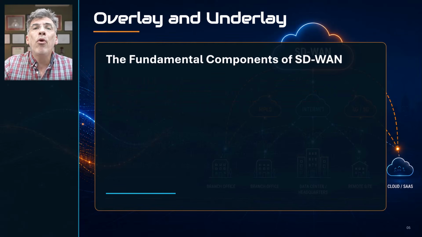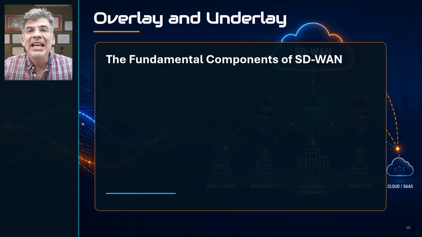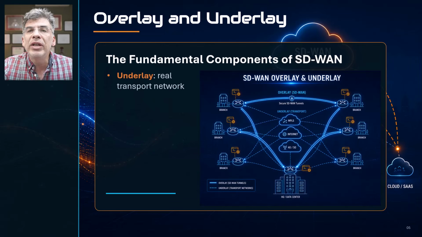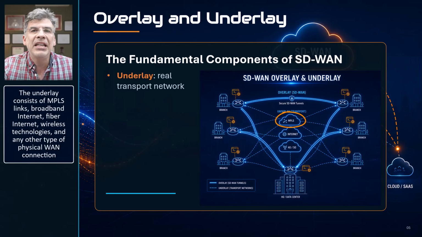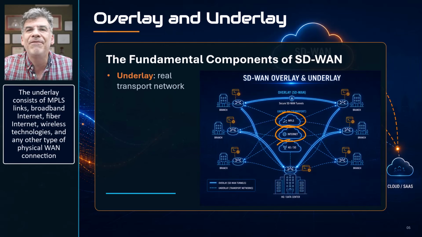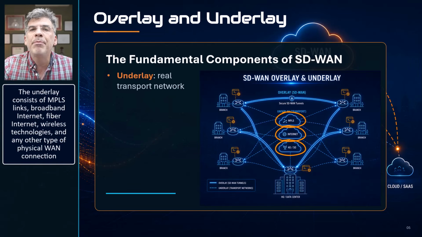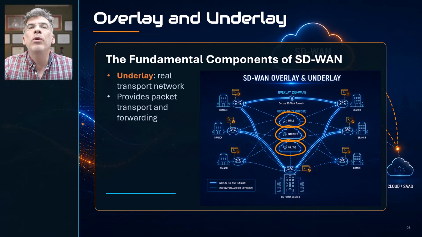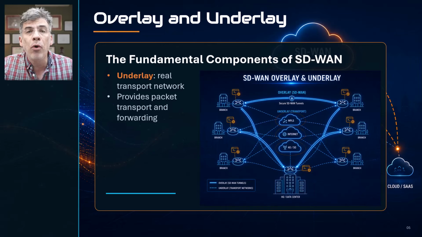Now, one of the most important ideas in SD-WAN is the difference between the underlay and the overlay. We will be devoting a whole video to this topic, but at this point, what I can say is that the underlay is the real transport network. This could be MPLS, broadband internet, fiber internet, LTE, 5G, or another type of WAN connectivity. The underlay provides the actual packet transport and forwarding.